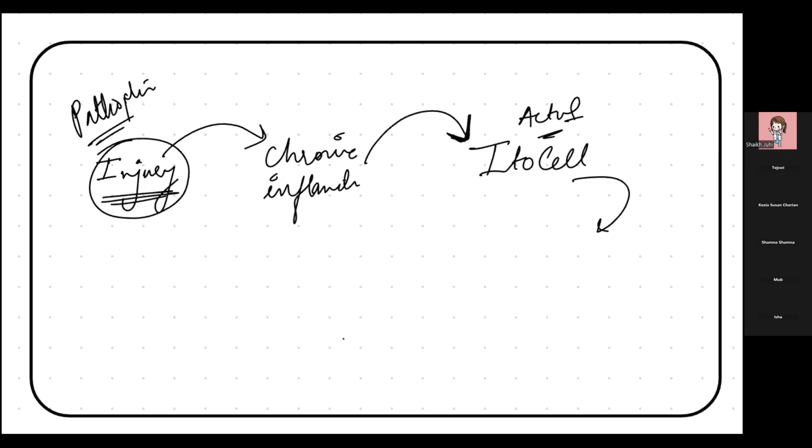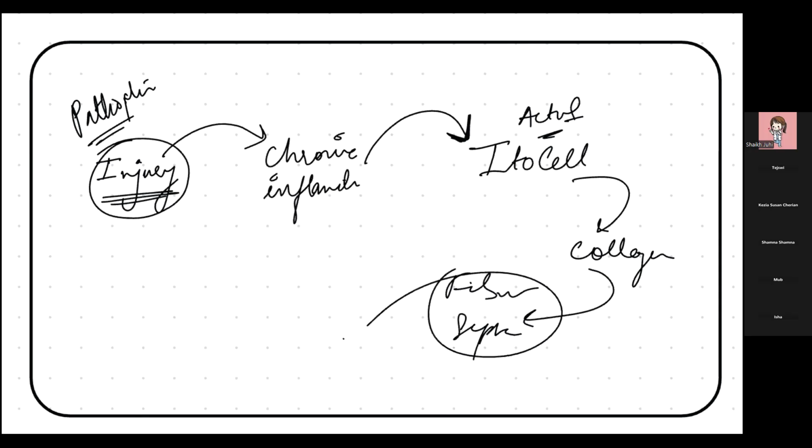Because of this, the fibrous septa will be formed, and this septa will be encircling the hepatocytes. The hepatocytes will be encircled, and this will lead to the nodules.